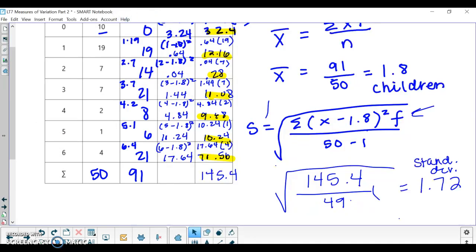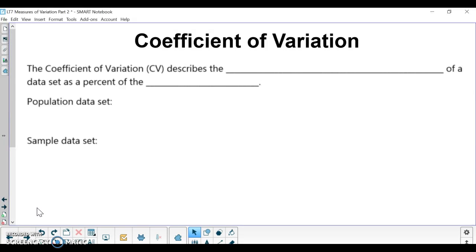Okay. Our last concept for this learning target is coefficient of variation. Our coefficient of variation is usually abbreviated to CV, and it describes the standard deviation as a percent of the mean. Our formula for both of them are the same, whether it's population or sample, except it just needs the different symbols.